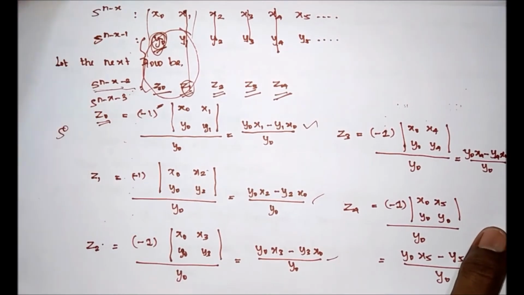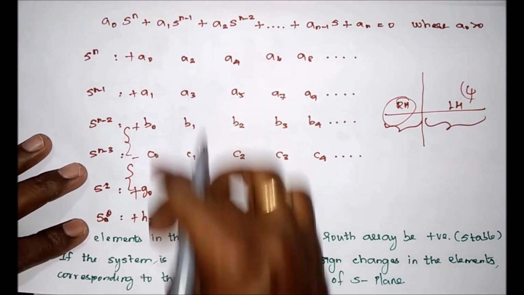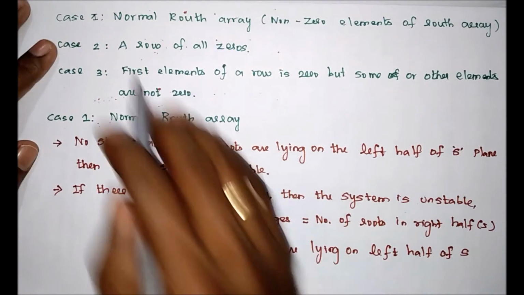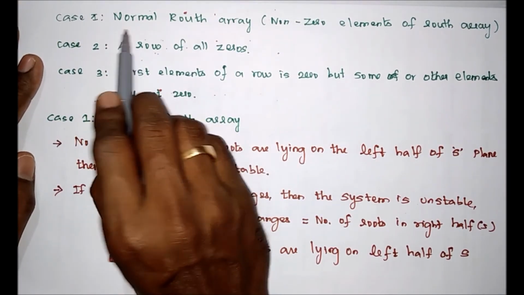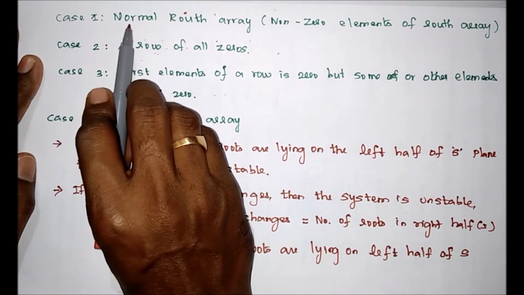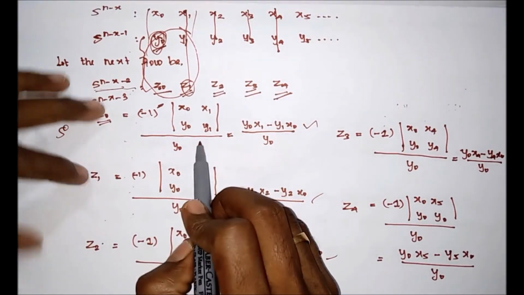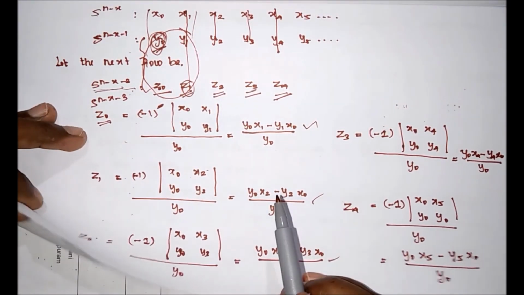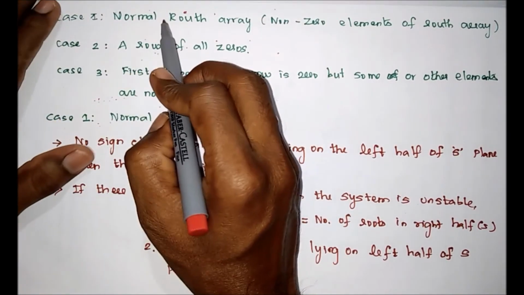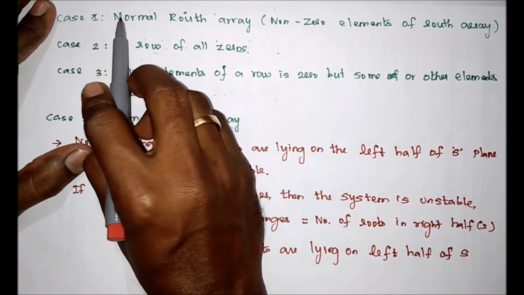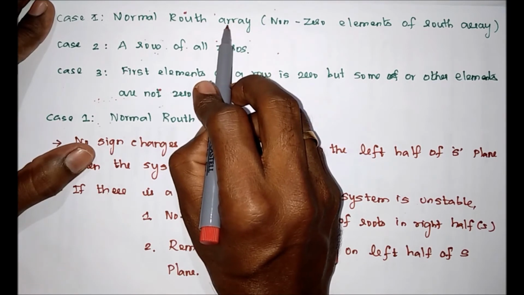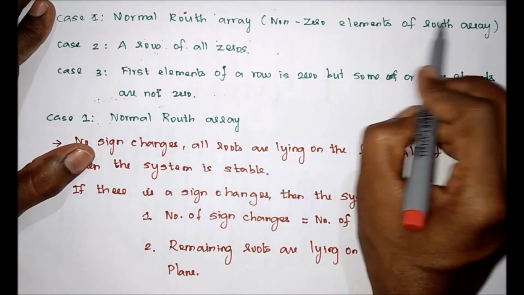After completing this procedure, we have to write like this. From this we can say there are 3 cases. While applying this formula, depending upon the values, we can have 3 categorizations. First one is the normal row array, meaning non-zero elements of the row array.